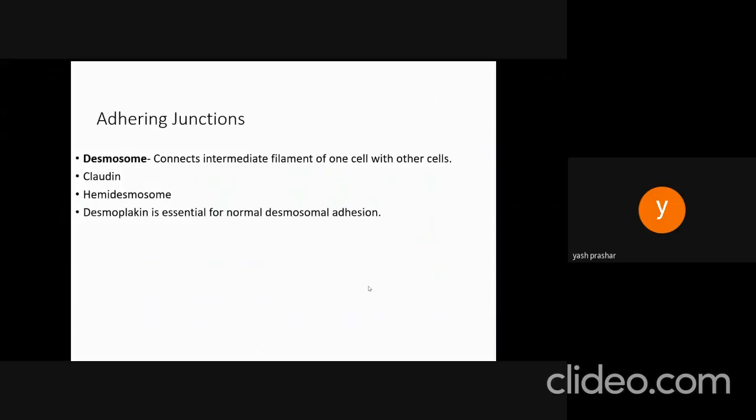Then we have desmosomes that connect intermediate filaments of one cell with other cells, then hemidesmosomes, and desmoplakin, which is essential for normal desmosomal adhesion.